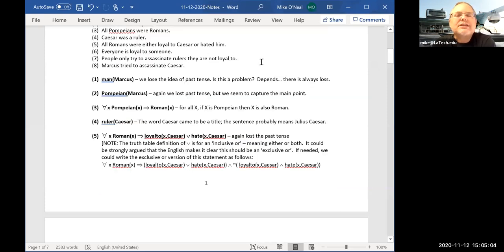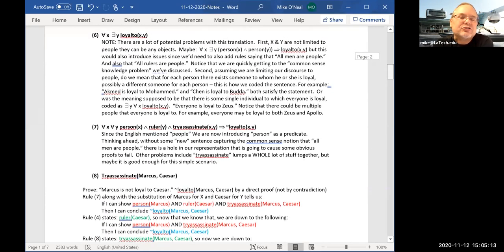People only try to assassinate rulers they are not loyal to. This one is difficult, but you have to make decisions.